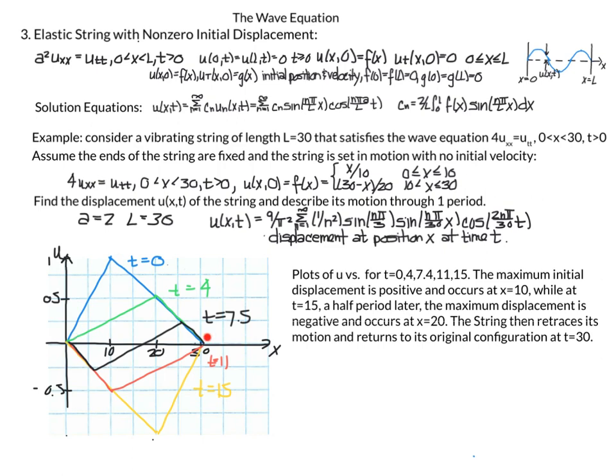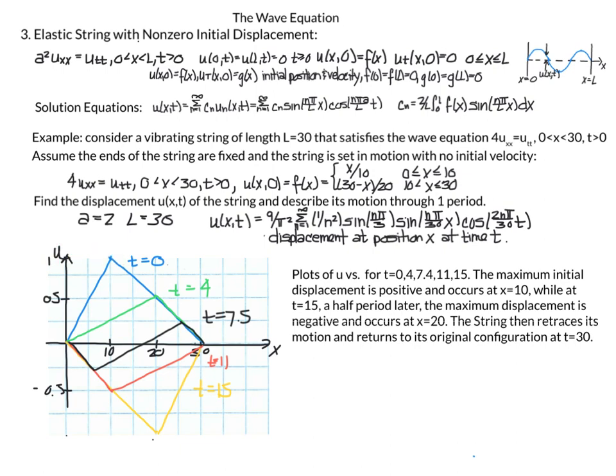And this graph is kind of nice because it's kind of a picture of the string at different points in time. So here we have the string going from 0 to 30, and at t equals 0, we displace about a third of the way through, right? Because x goes from 0 to L equals 30. So about a third of the way along the string, we displace it up to u equals 1.